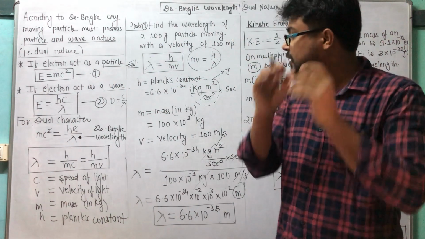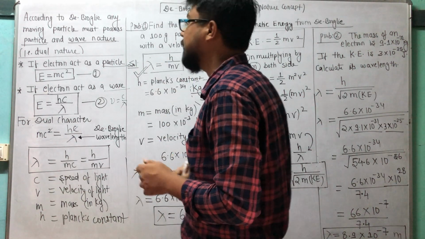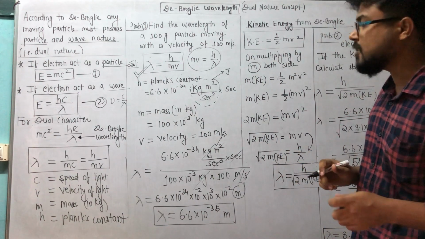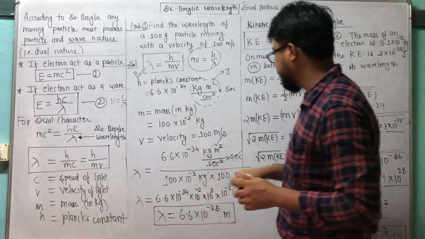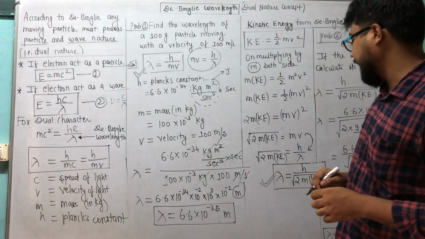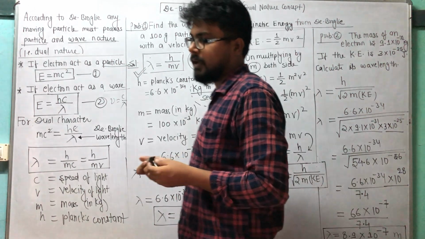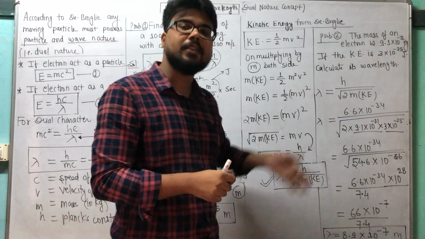So students, what's your duty? Your duty is to learn this formula: for De-Broglie wavelength, lambda equal to h upon mv, and when kinetic energy is involved, what formula will I use? Answer is lambda equal to h upon under root 2 mKE. And when you do more practice, you will be more comfortable with this topic.